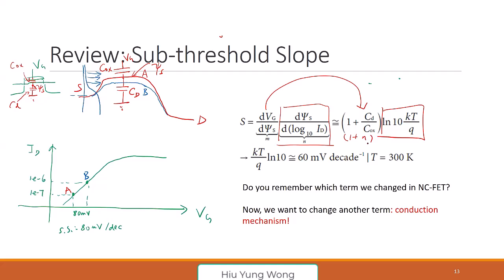Now I want to ask you, last time we talked about negative capacitance transistor. We say that we are able to get sub 60 millivolt per decade. How did we do that? Which term did we change? How were we able to make S smaller than 60 millivolt? We have 2 terms. Which one did I change?